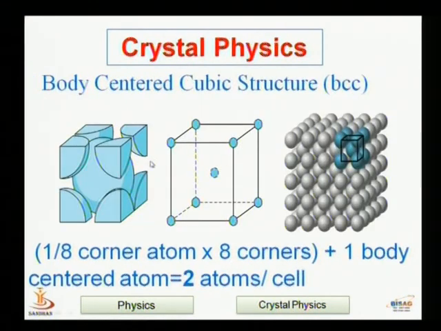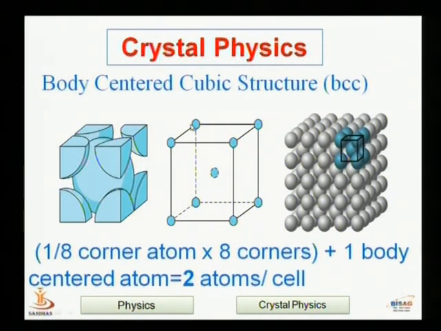Second one, body center cubic structure, it is known as BCC structure. In addition to 8 corner points at a corner of the cell, there is one extra atom at the center of the cell. So this atom is in contact with all these corner atoms. So this structure is known as BCC.